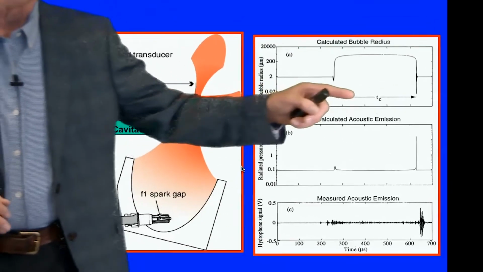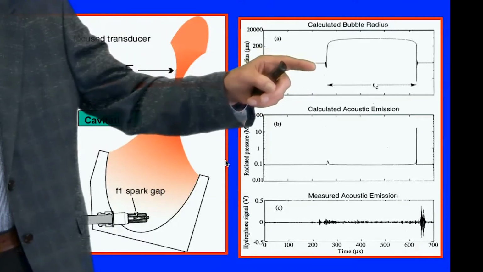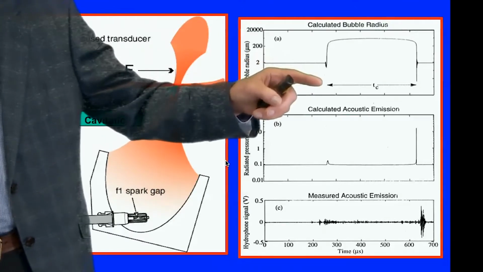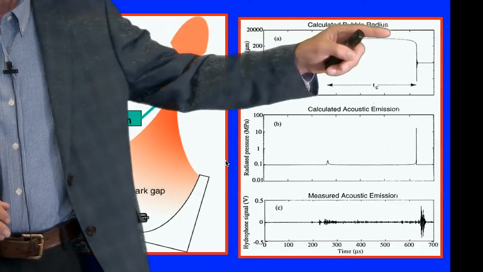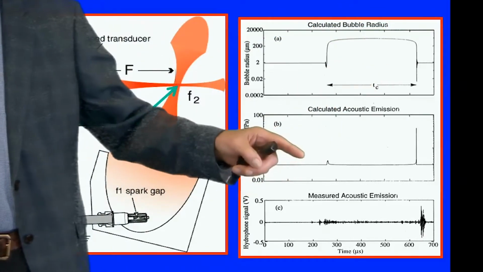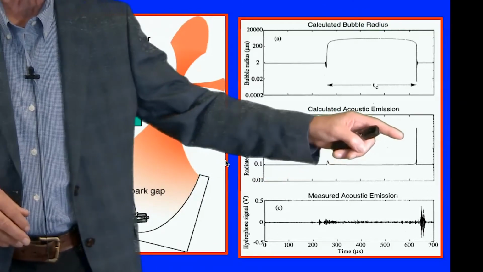And so if you were to calculate what happens to the bubble, the initial positive pressure causes the bubble to collapse, the negative pressure causes the bubble to grow, and then it collapses. And you would calculate that you would have a little bit of sound emitted here and a lot of sound there.